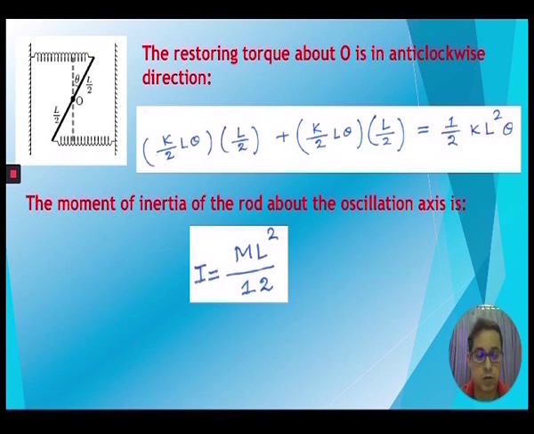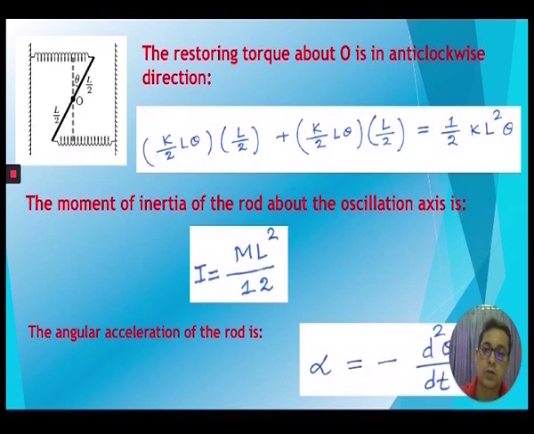This is a very well-known expression for the moment of inertia of a thin rod of length L. The angular acceleration of the rod I will write as alpha equals d2 theta by dt2, where theta is the angular displacement.